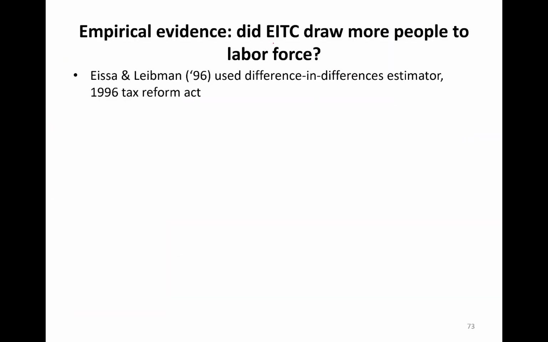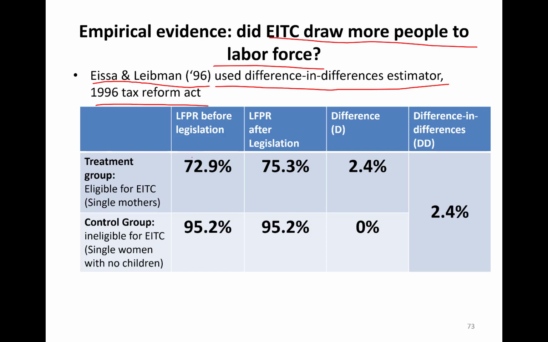So empirical evidence: earned income tax credit draws more people to the labor force. So this is how we started our PowerPoint slide. This is a study by Eissa and Liebman, 1996, which used the difference in differences estimator on the 1986 Tax Reform Act, okay? So labor force participation rate before legislation, after legislation.